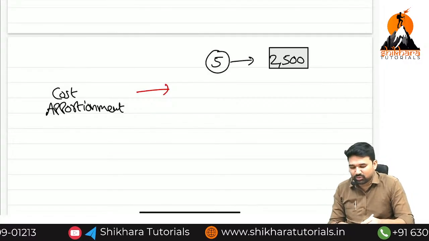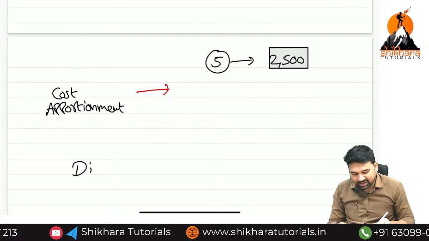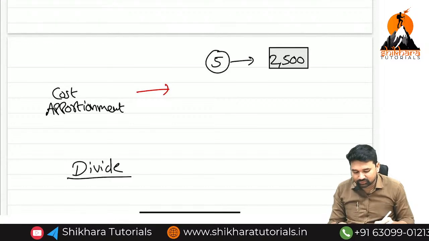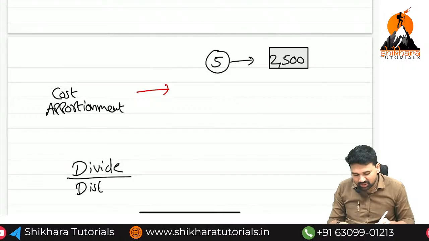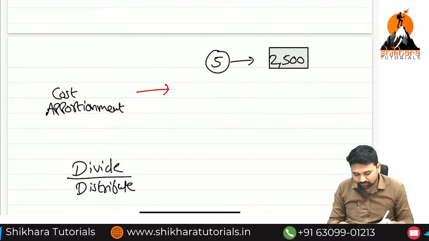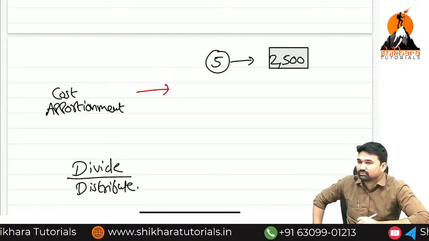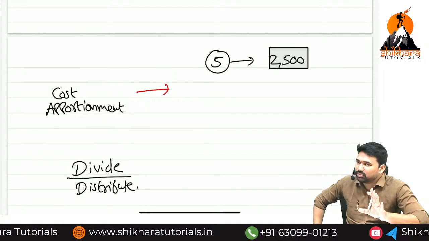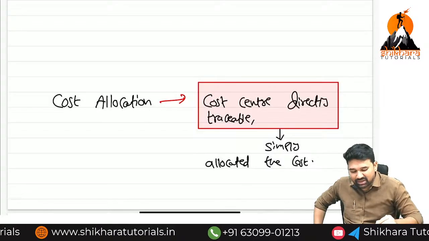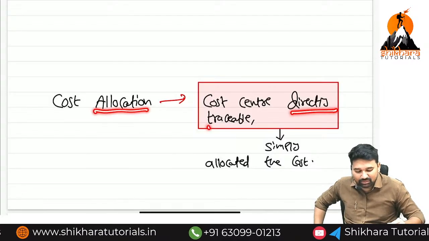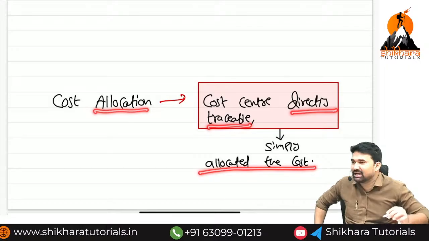In cost allocation and in cost apportionment, you are going to do the same thing. You are going to divide the cost, or simply, distribute the cost. But in case of cost allocation, since the information is directly available, you will simply allocate the cost.